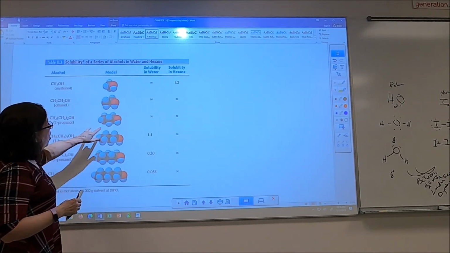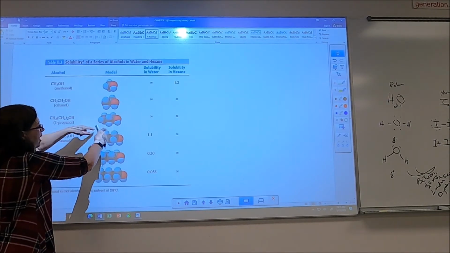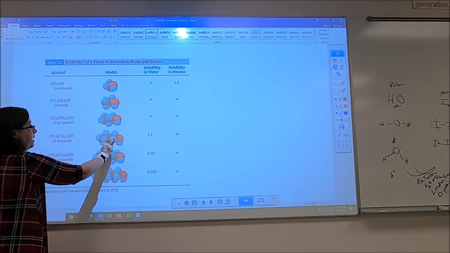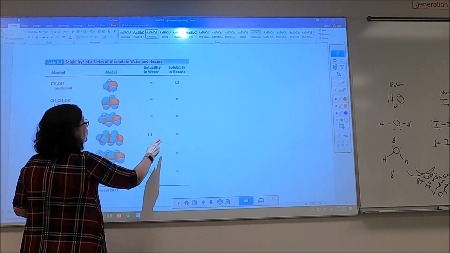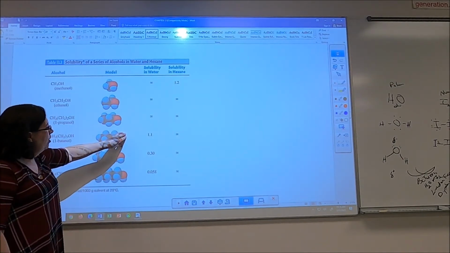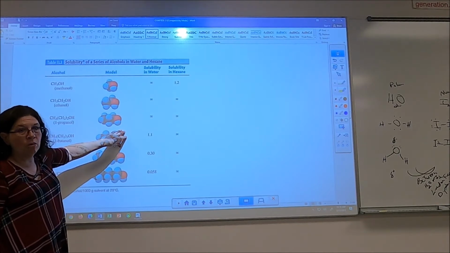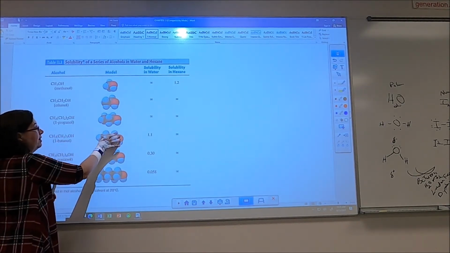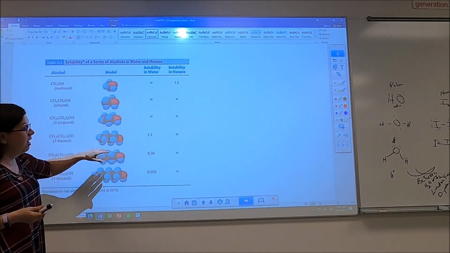Propanol will mix equally in both, but notice the carbon chain is growing. When I get to butanol, which has 4 carbons, notice the solubility in water is now very low, where it's very soluble in hexane. It only has this end of the molecule showing polar nature. This end of the molecule is nonpolar. This is a split personality molecule, kind of a Jekyll and Hyde.